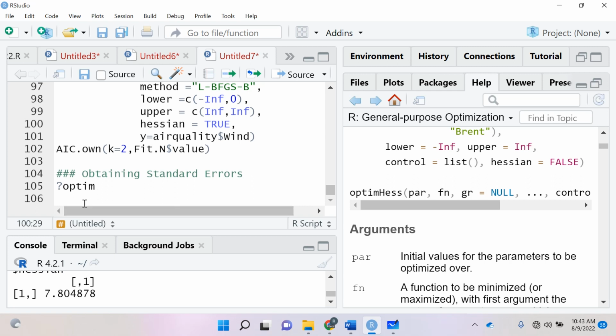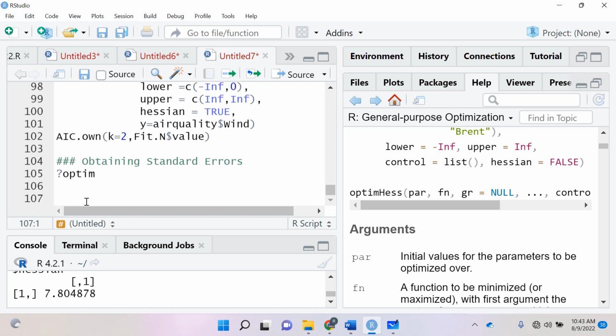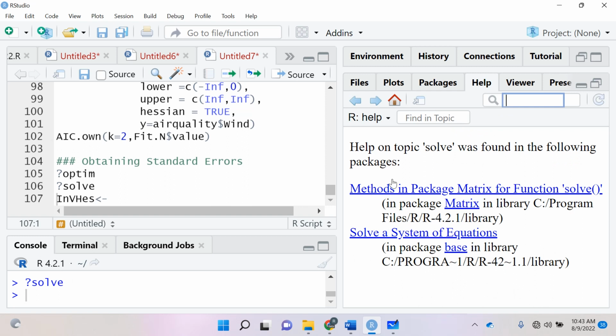So here, I would say inverse of Hess will be that. How do you find the inverse in R? We use the function solve. So if we want to find the inverse, we use solve. When you have a matrix, we can use solve for solving systems of equations.